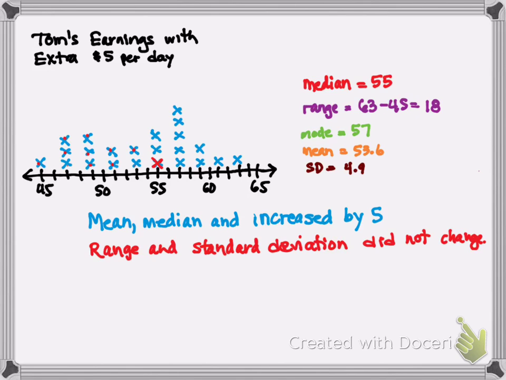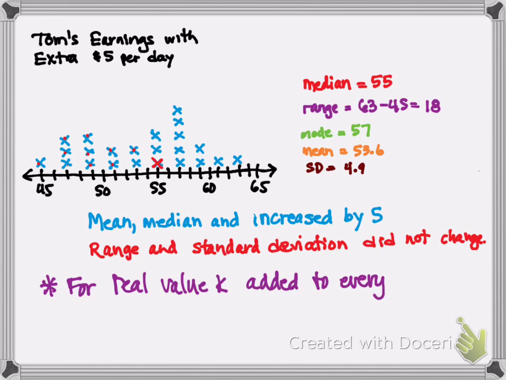So we're going to jot a little note down here that for a real value k added to every member of the data set, which you could write it something like, let's see, I think they wrote it down weird.